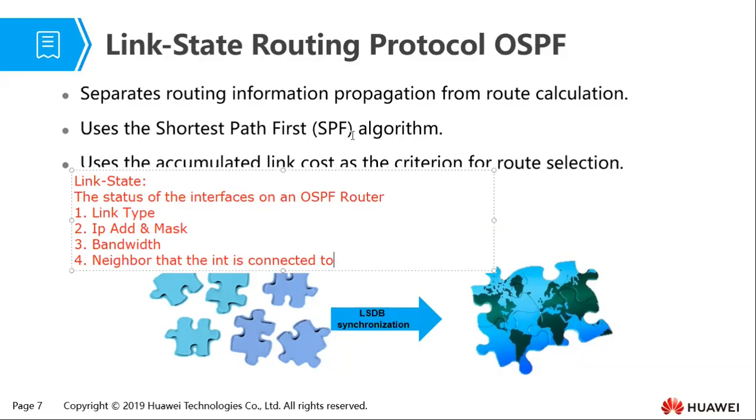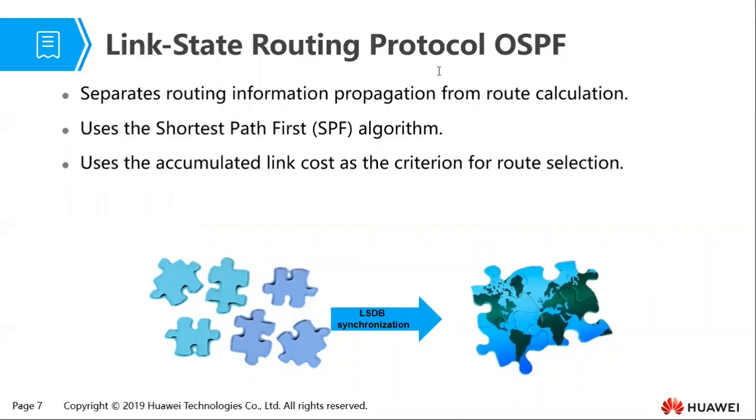So when you talk of link state, I want you to understand that these are some of the things we are referring to about the link. The link is simply the interface that is connecting the router to another router or to a shared network segment. I'm going to expound on that much further in a coming slide.